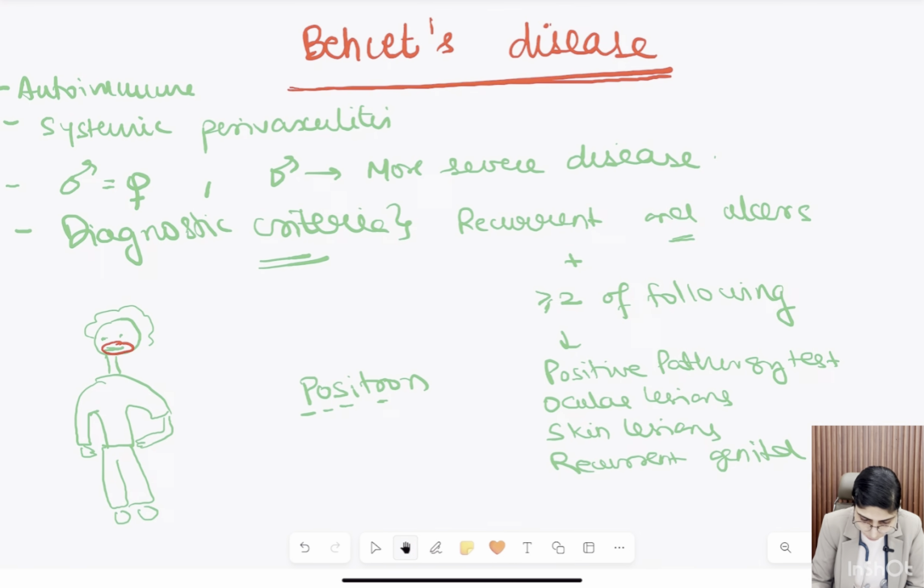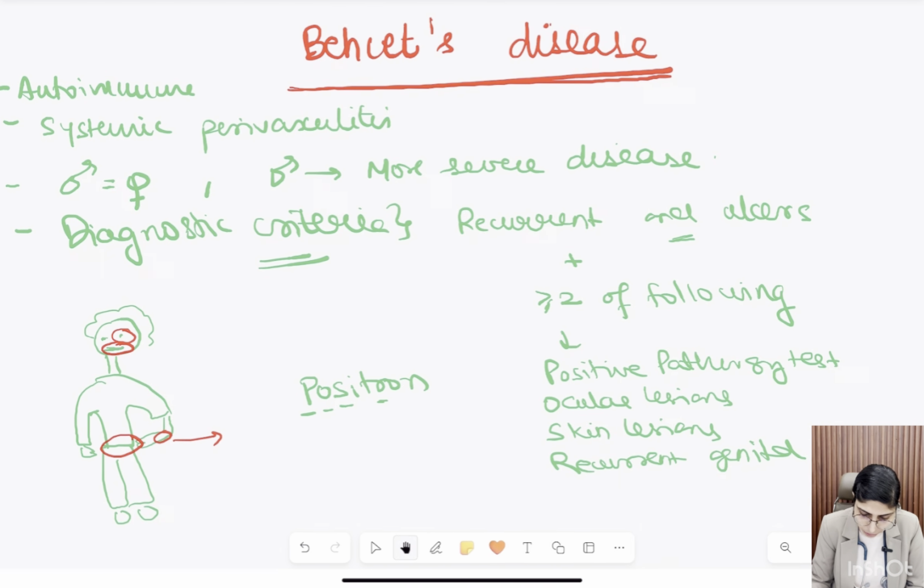So one is mouth, oral ulceration. One is ocular involvement, eye involvement. Third is skin involvement, and fourth is the genital involvement. So genital ulcers. So oral ulcers, genital ulcers, ocular lesions and skin lesions. These are the main things.